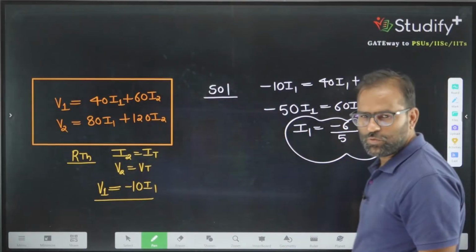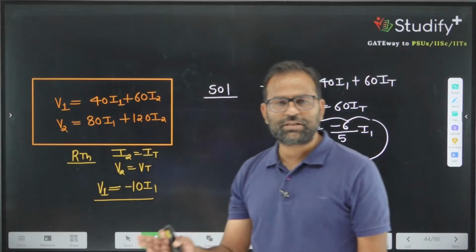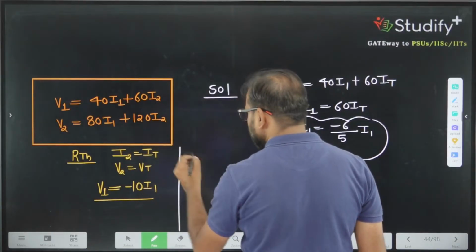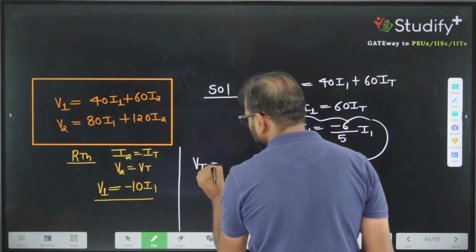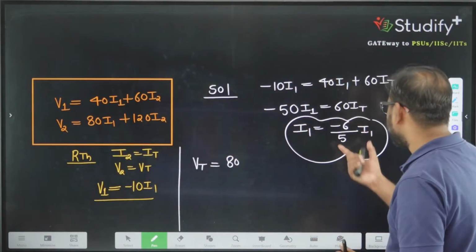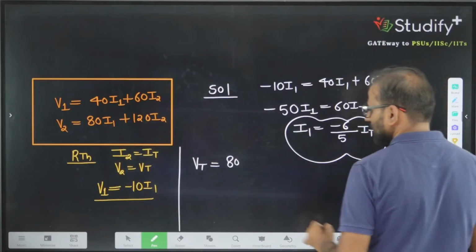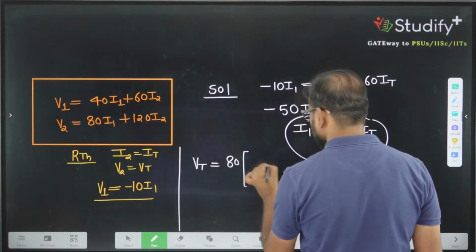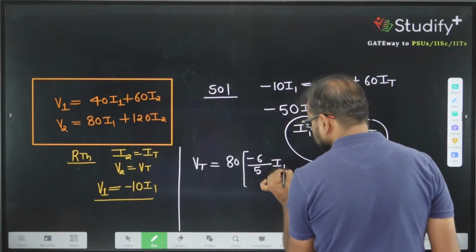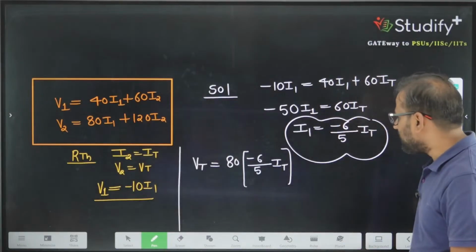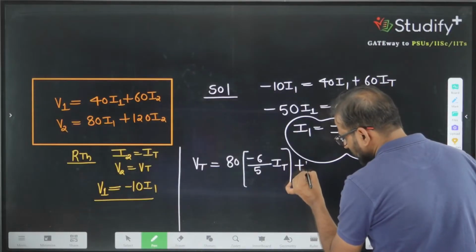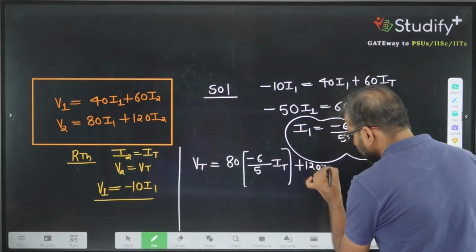This we know. But we are not interested in this. We are interested in the VT by IT ratio. So if I put the value in the second equation, this VT is equivalent to 80 times I1. But we are not interested in I1, so I1 can be replaced by minus 6 divided by 5 times IT, and this is 120 IT, because I2 is IT.